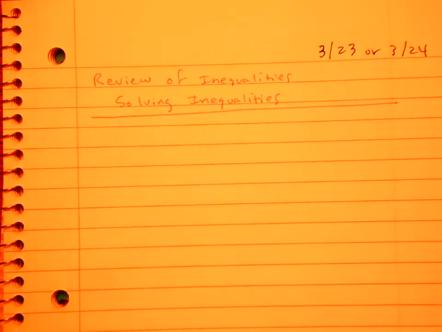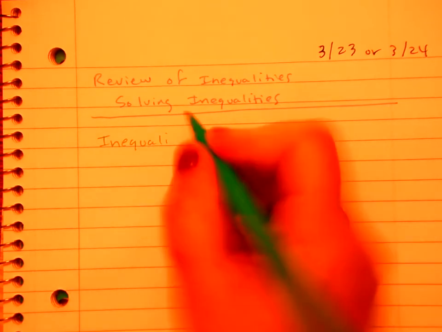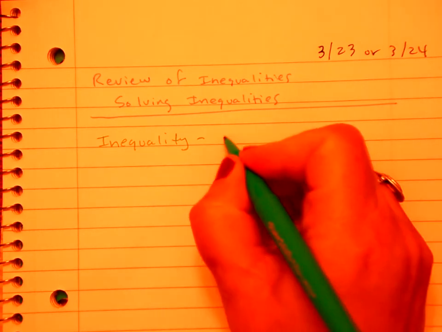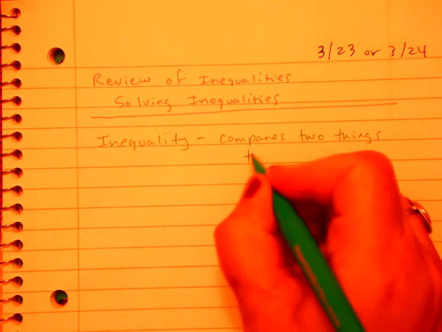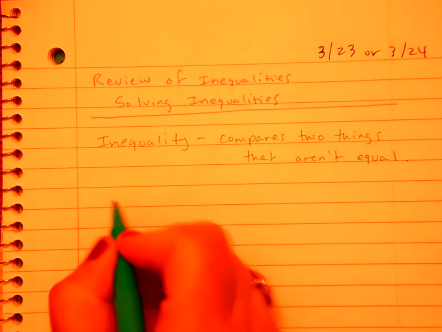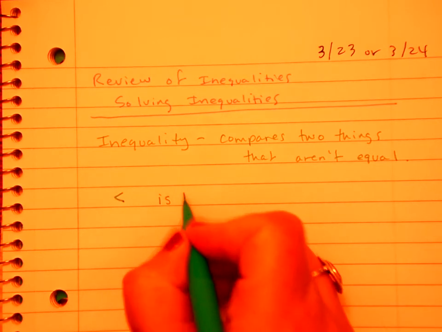And so first of all, let's define what inequalities are. An inequality of any type is something that compares two things that aren't equal. So some possible symbols would be this one, which of course is less than.